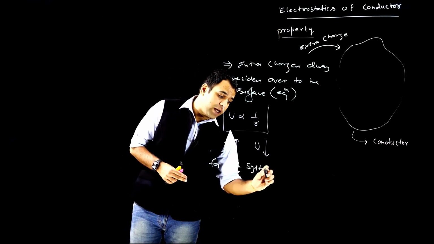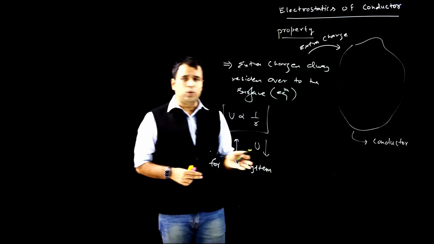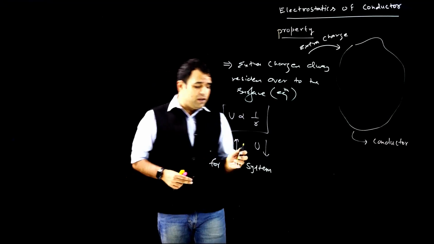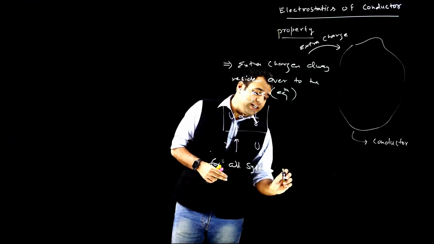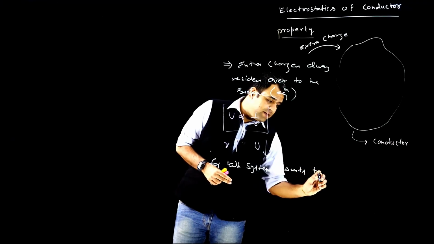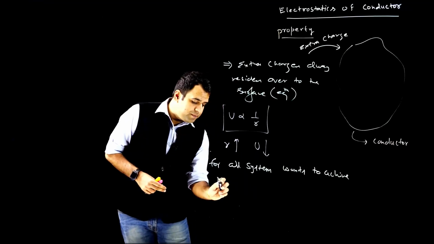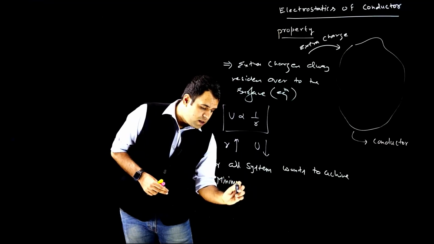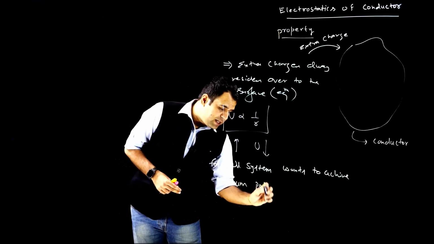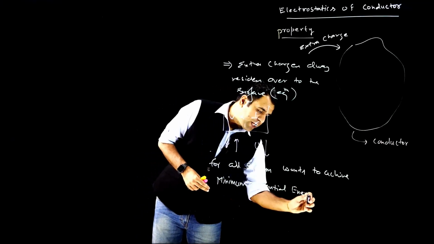I'm not just talking about conductors, or just electrostatics. That was true in Newtonian systems also. For all systems, they want to achieve minimum potential energy.